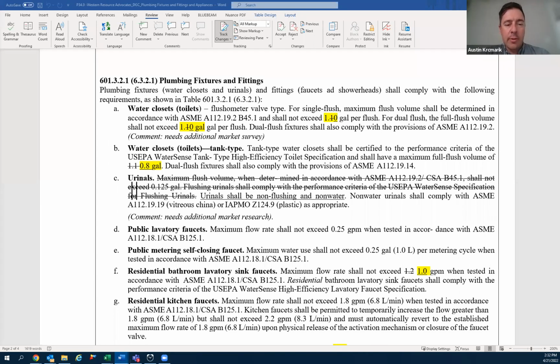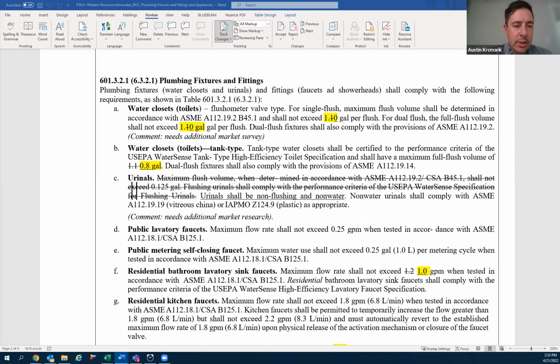To date, we have not experienced any drain line carry issues due to the 0.8 gallon per flush toilets. Some places that I have read about where they do run into problems, it is more the slope in the ground of the sewer infrastructure that is causing the issue and not the toilets themselves.